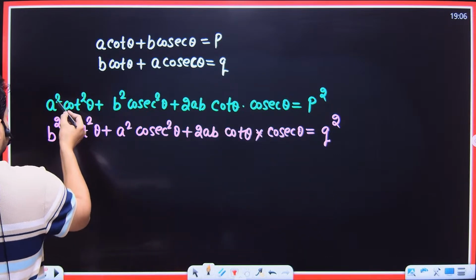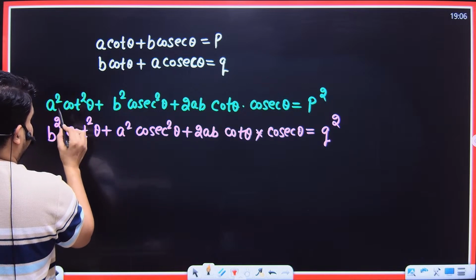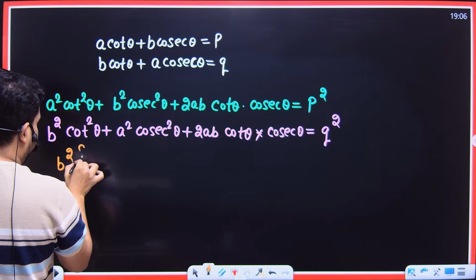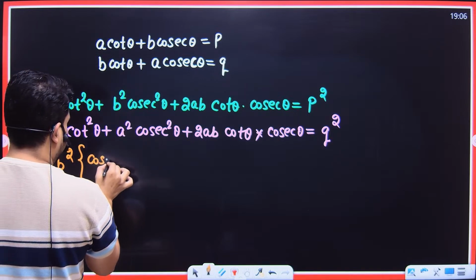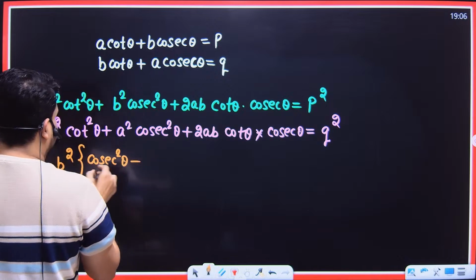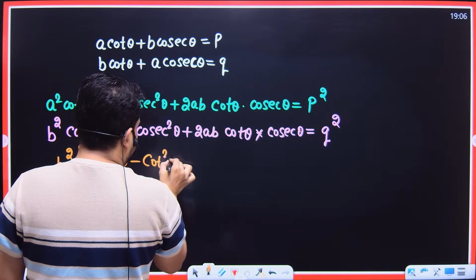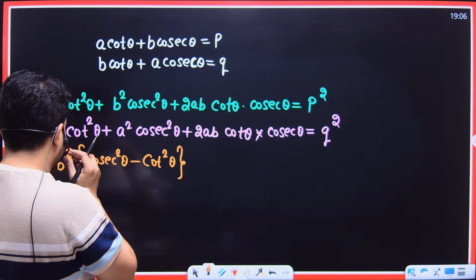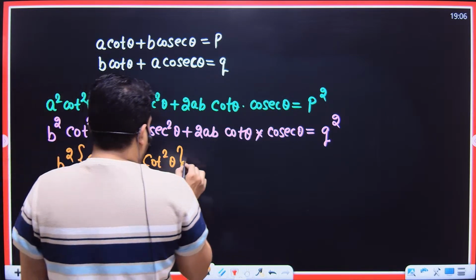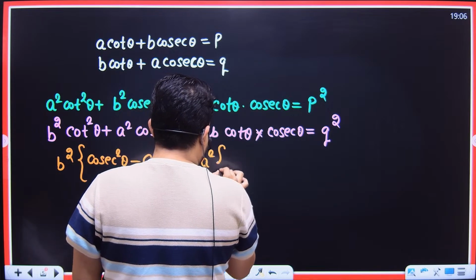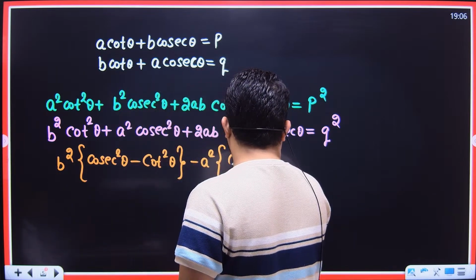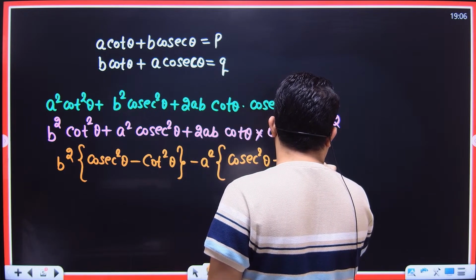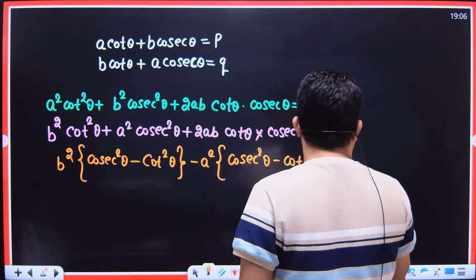If I take B square common, what I have here is cosec square theta minus cot square theta, because I know an identity that cosec square theta minus cot square theta is always equal to 1. If I take minus A square common, then again I have cosec square theta minus cot square theta, equal to P square minus Q square.